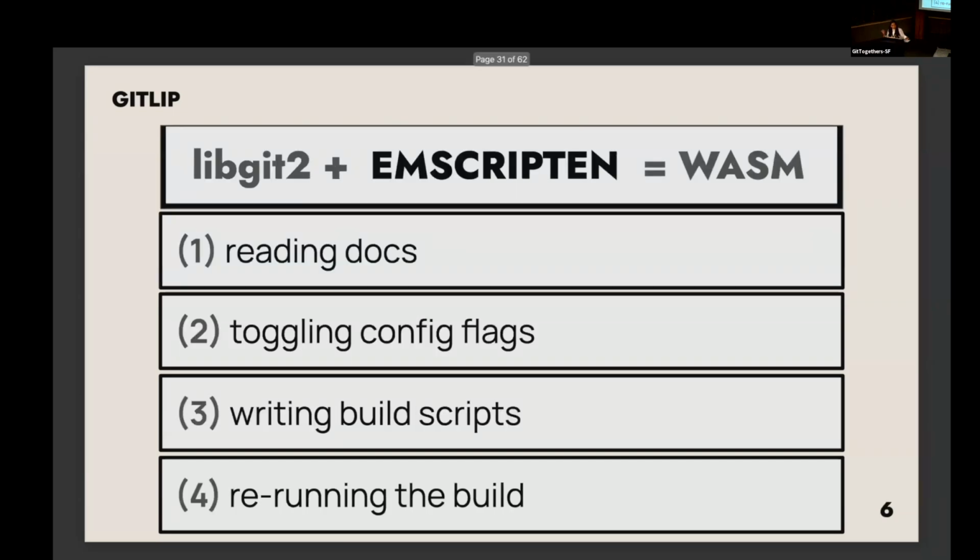To compile our libgit2-based Git server, we used Emscripten, a powerful compiler for C and C++ to WebAssembly. Setting up a compiler toolchain is possibly the most boring and tedious part of the work. It involves a lot of reading the documentation, toggling configuration flags, writing scripts, and rerunning the build processes.